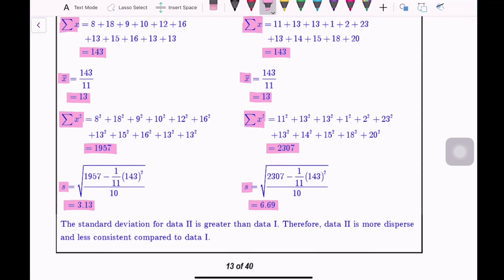Then, we can say that the standard deviation for data 2 is greater than data 1. Therefore, data 2 is more dispersed and less consistent compared to data 1.